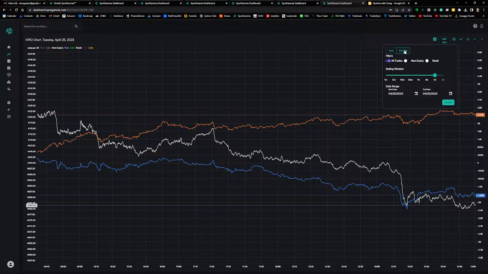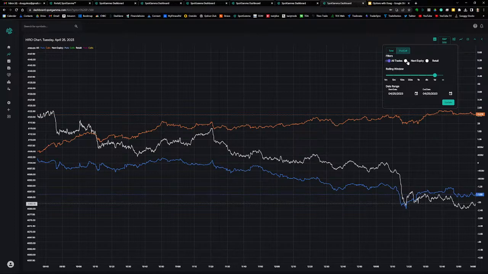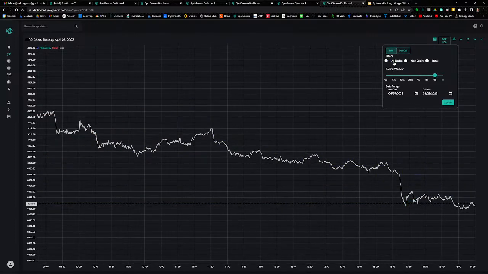This is pretty typical of an index product, and it looks like this notional value for calls is actually higher, positive 2.4 billion versus minus 1.6 billion. So call buyers are dominating put buyers, but price action is definitely bearish today.